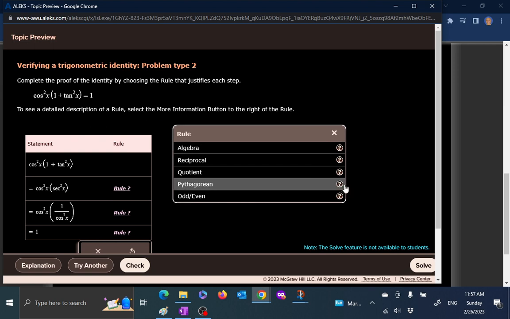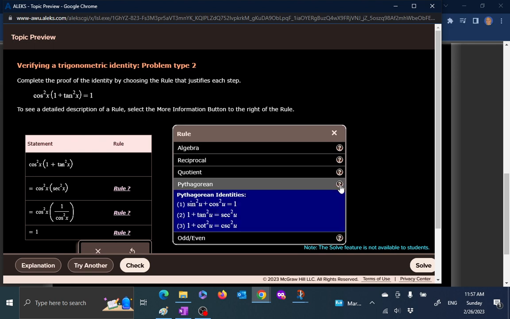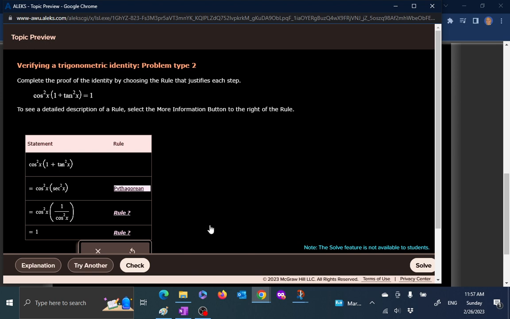In case you have any doubts, Pythagorean is these three, or rearrangements of these three. Like you can take some of these expressions to the other side. Here we have 1 plus tan squared, which is an exact copy of this. So that's being replaced by secant squared. So we are choosing Pythagorean for this step. That's what we have done.